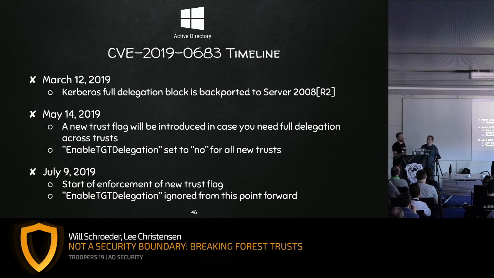The reason they're doing it like this, introducing a related but separate flag to block this, is a way to deal with the backwards compatibility problem. When this comes out, they're saying, if you actually want this, you better flip this flag to specifically say yes, because once it hits in July, they're going to completely ignore the old one.